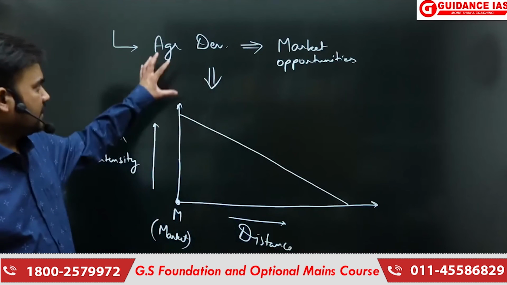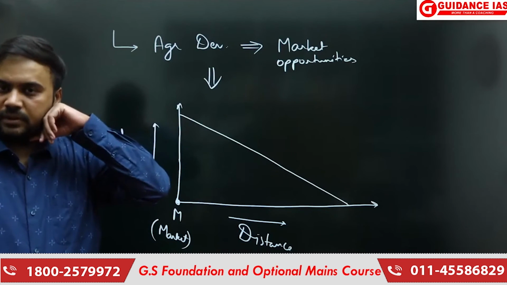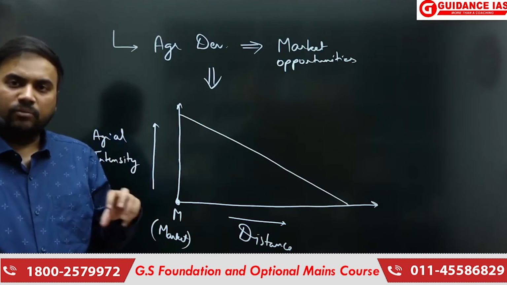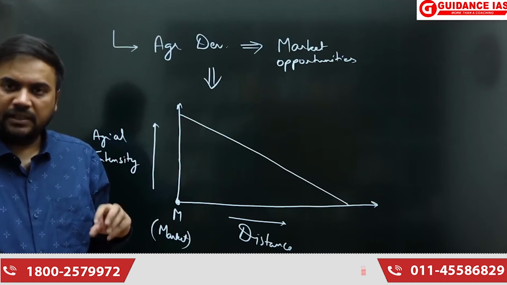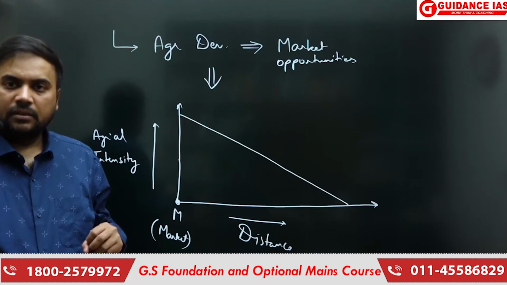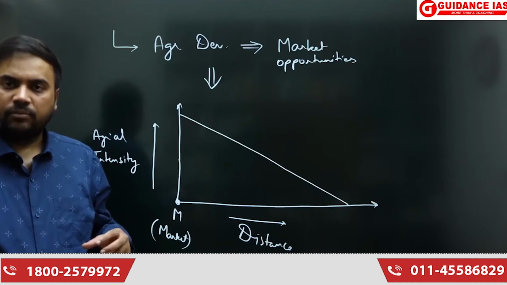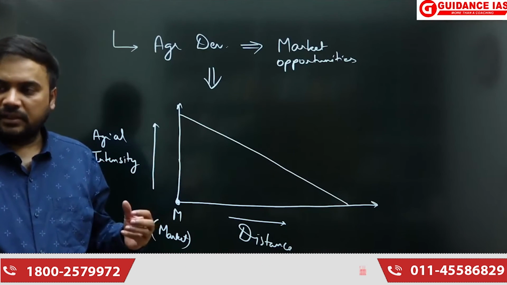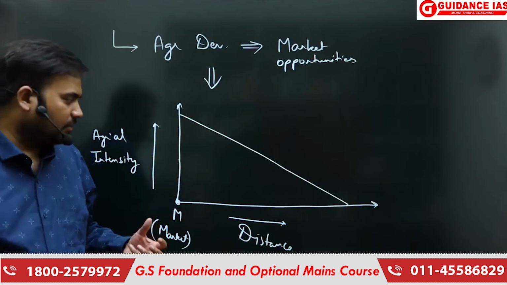So if I am saying that the rural mandis or the APMC mandis are located near, in case of Punjab, due to which there is higher agricultural intensity and agriculture development.